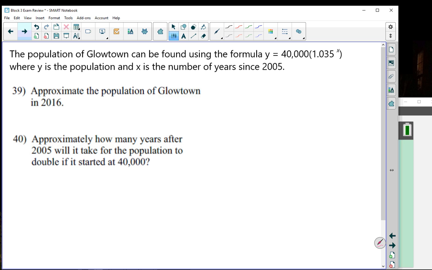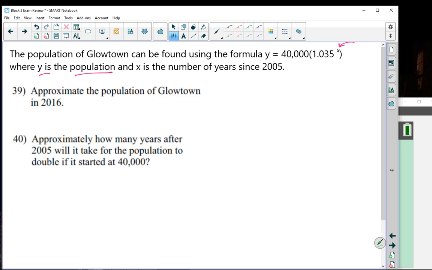Now, let's look at this one real quick. This is a word problem that you can do on your calculator, okay? What kind of function is this? Exponential, good. Okay, how do I know? Because the x is where? It's in the exponent. It's the power, right? Okay, so here's what you need to understand. Y is the population, okay?